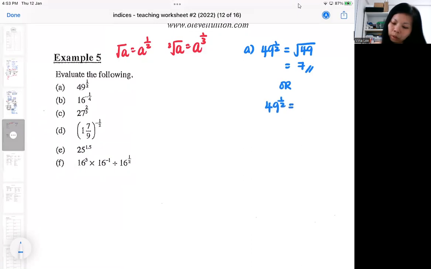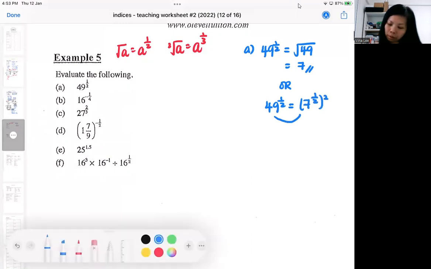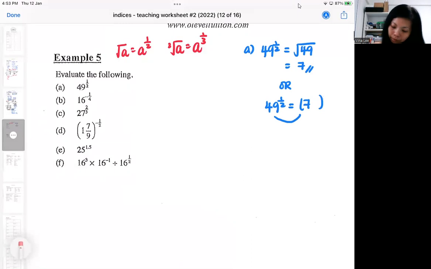They know that 49 is actually 7 squared, and then they use the double power. So that will also give a 7. So both ways are correct.